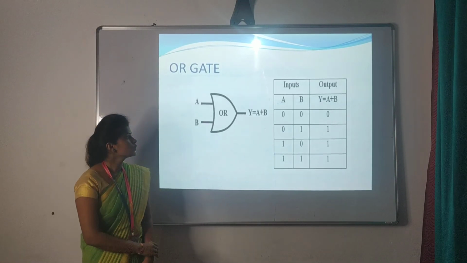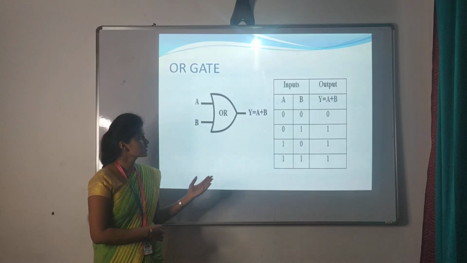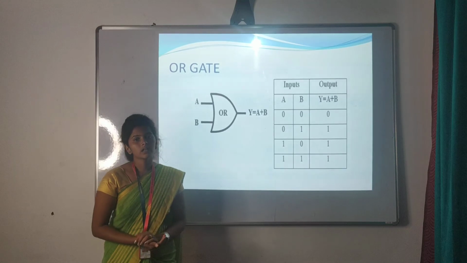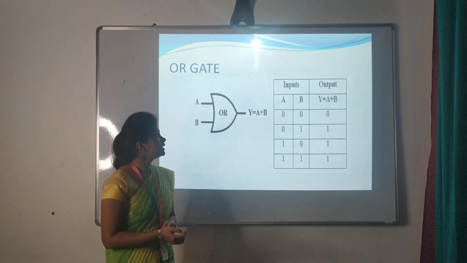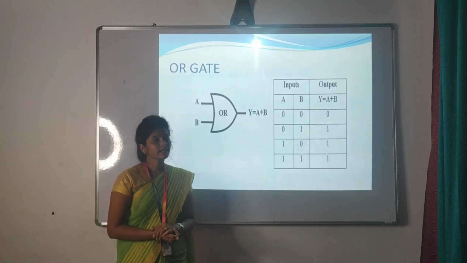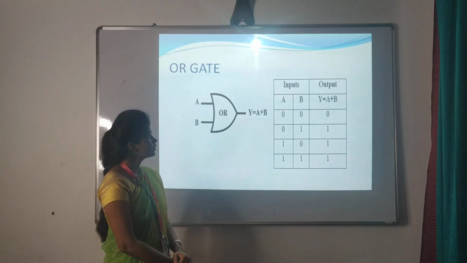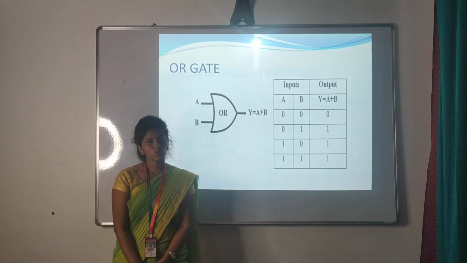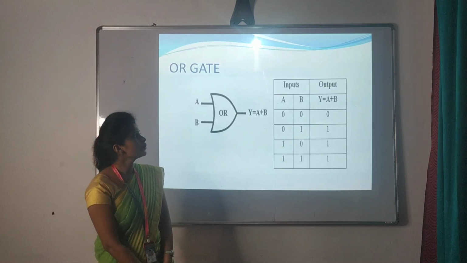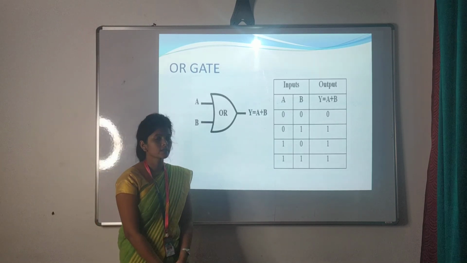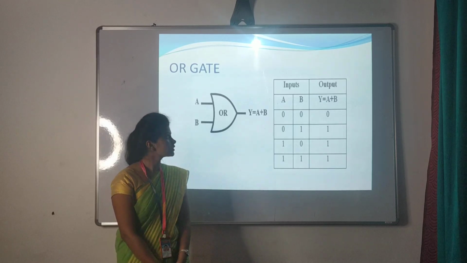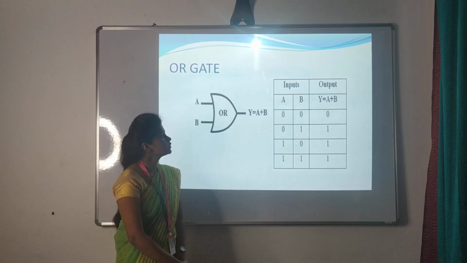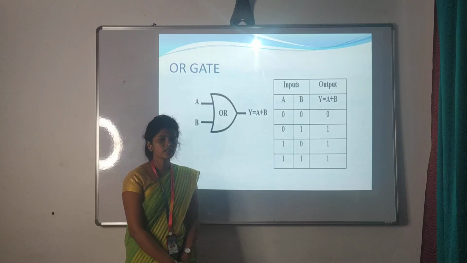Also, by substituting different values of A and B, we can get the corresponding output values of the OR gate. Then second is the truth table. In the truth table of the OR gate, A and B are the inputs and output Y = A + B, the addition of two inputs. 0 + 0 = 0, that is, when both inputs are low, the output is low.